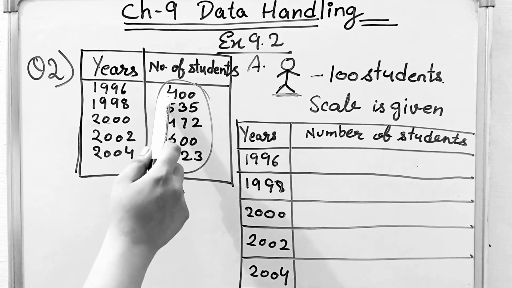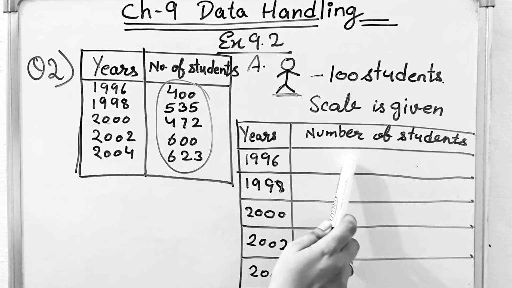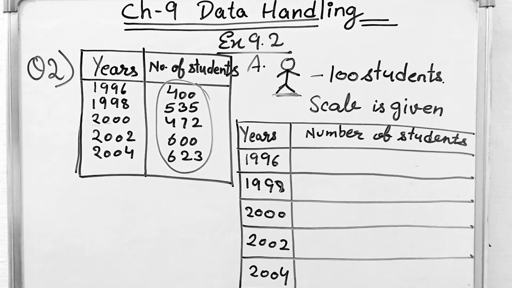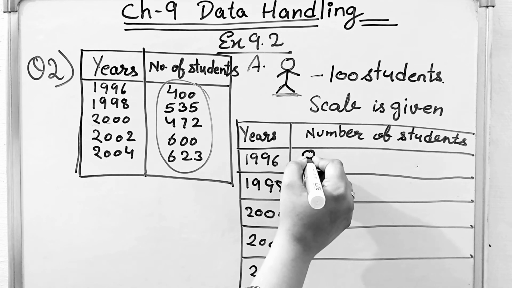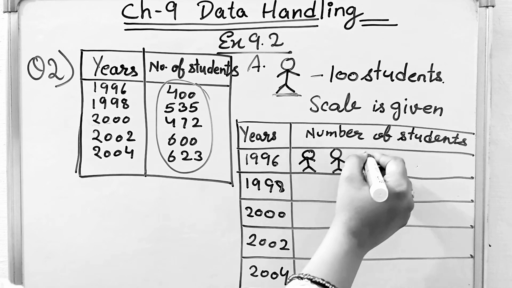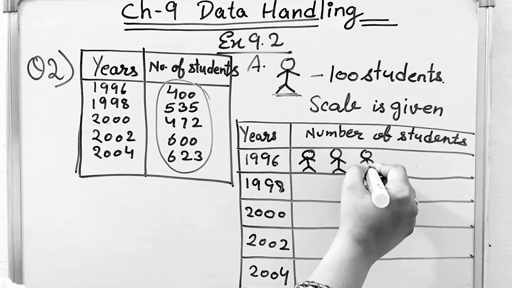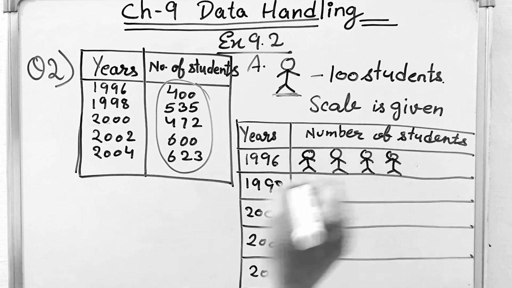So if there are 400 students and this one symbol represents 100 students, how many symbols should we draw here? We should draw here only 4 symbols. So we will draw 4 symbols and they will represent 400 students.